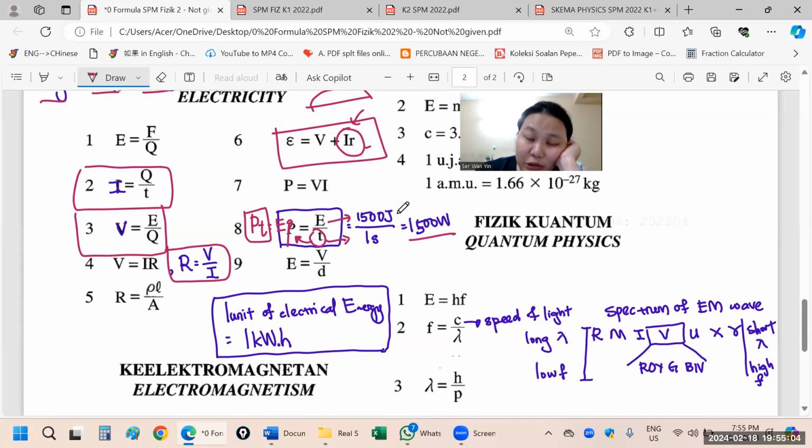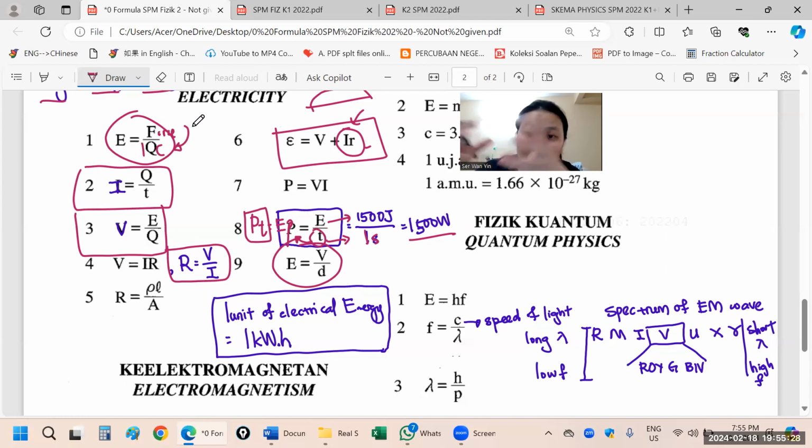1500 joules of electrical energy is used in 1 second, okay? Then if they ask for electric field strength, this is force divided by the charge. So how much force is on one coulomb of charge?